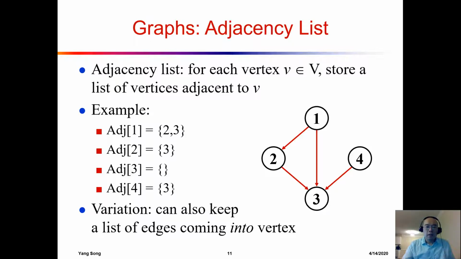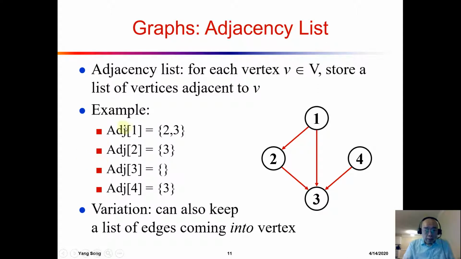For example, the adjacency list with index 3 is empty because there are no edges going out from node 3. If we use this variation, then instead of storing the nodes that we can go out to, we record the nodes from which we have incoming edges.